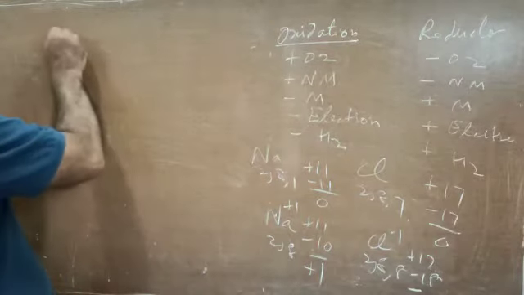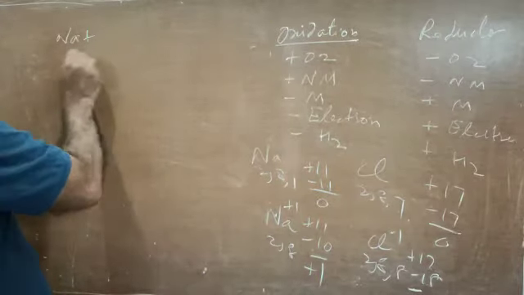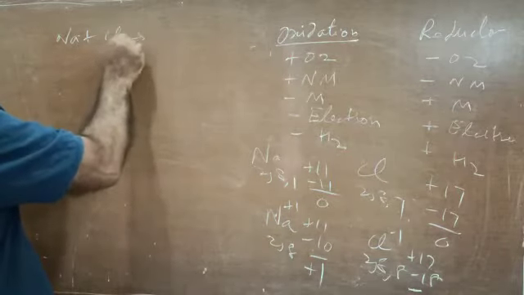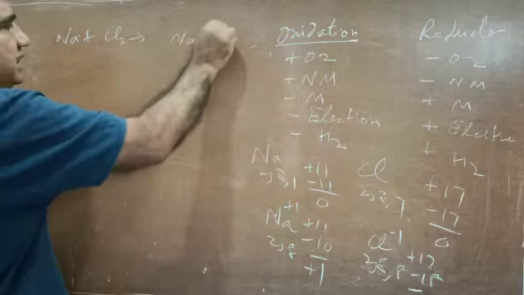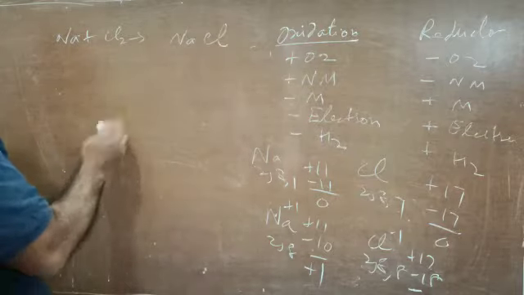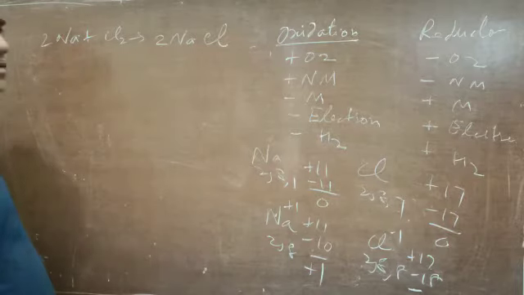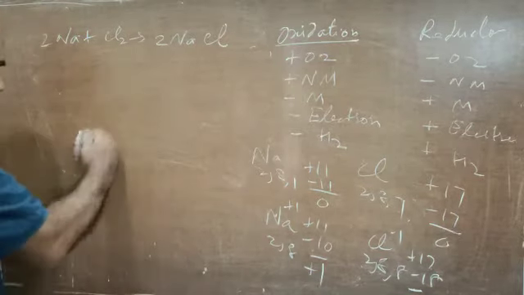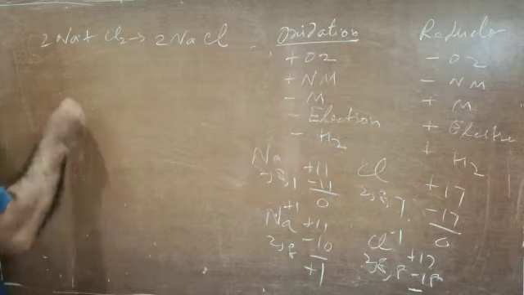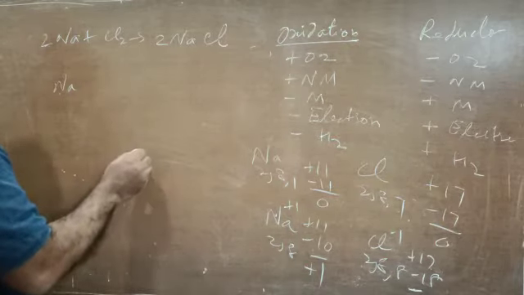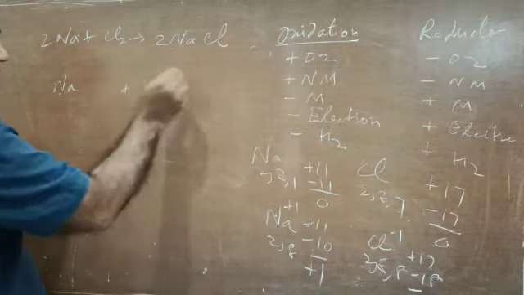So now if I take an example, Na plus Cl2, this will become NaCl, and 2Na, 2NaCl. That is all about the reaction taking place. Now for the atomic equation, you can write it like this: Na, and Cl there plus Cl.